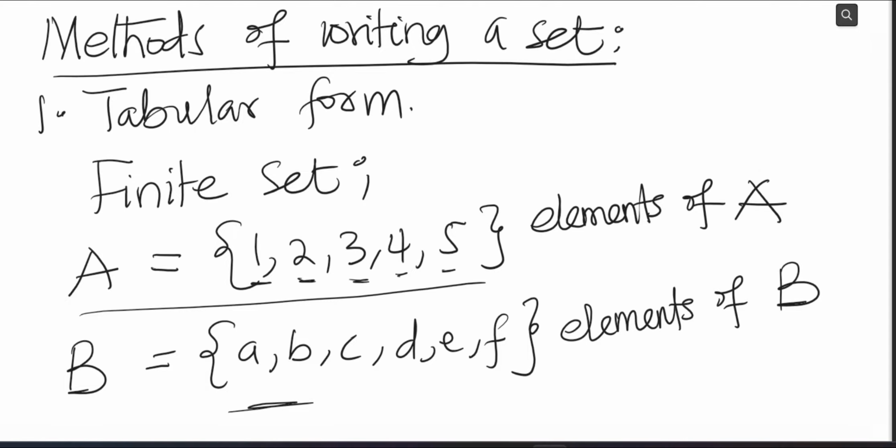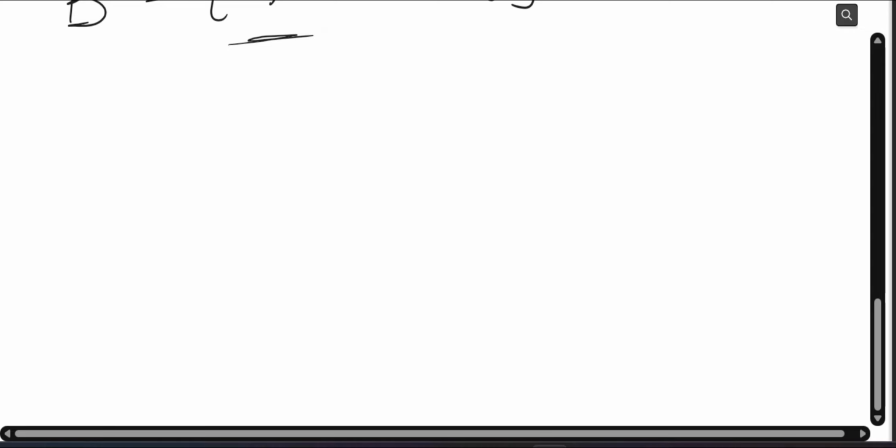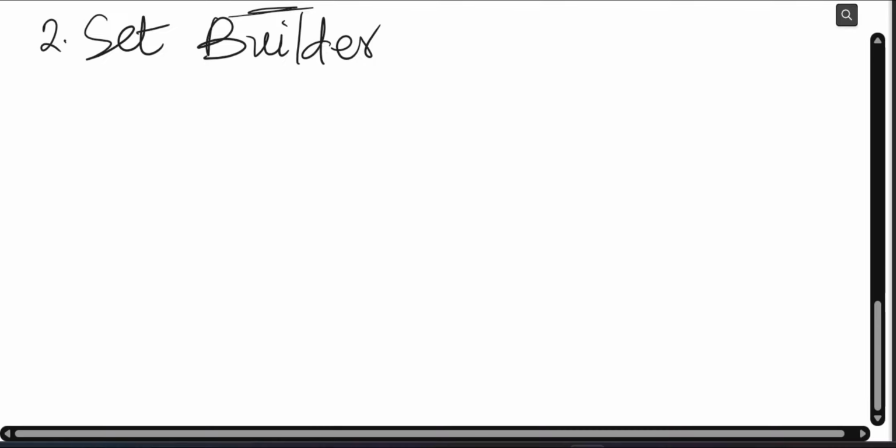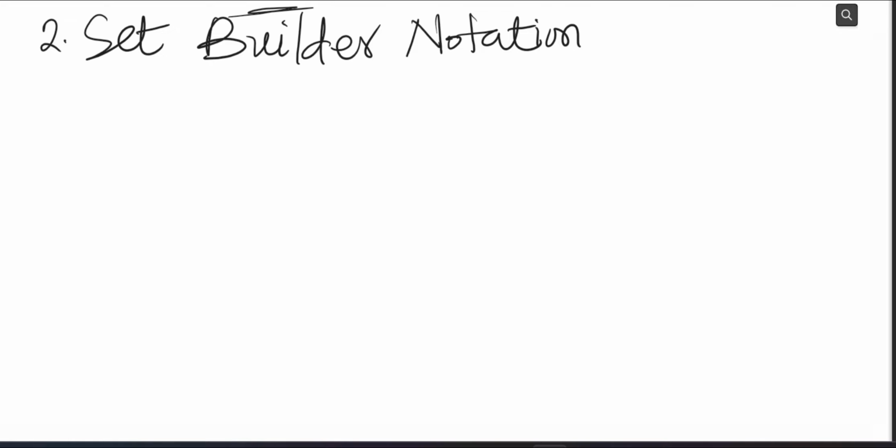The next method we are going to look at, which we'll be using most often, is the set builder notation. Now, the set builder notation is not like the tabular form. You could recall that in the tabular form, we write every member of the set directly.